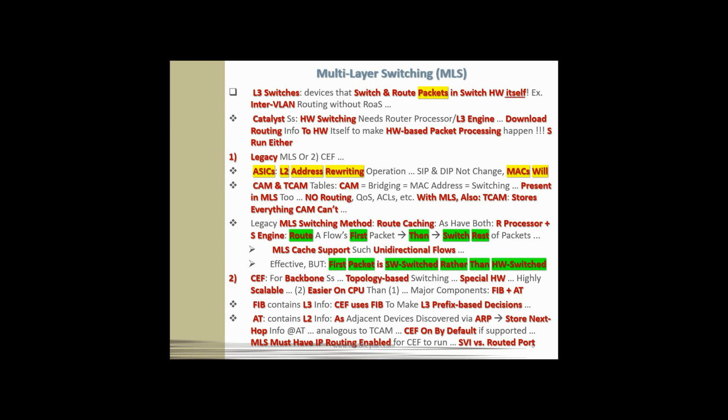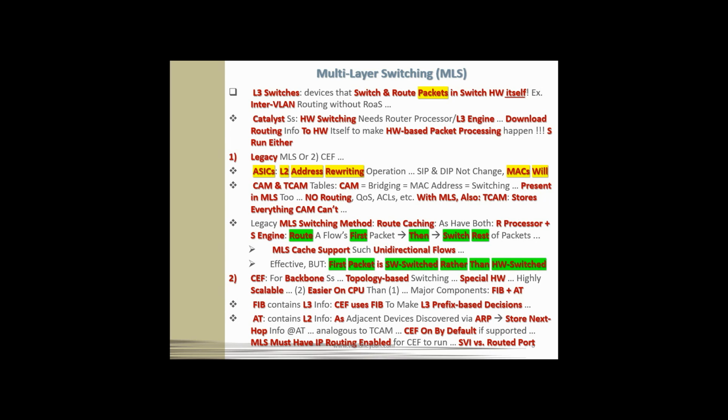Instead, we have the forwarding information base or FIB, and FIB contains the usual routing information that we need, like the remote networks, masks, next hop IPs, etc. And CEF uses FIB to make layer 3 prefix based decisions, similar to a router with routing data.